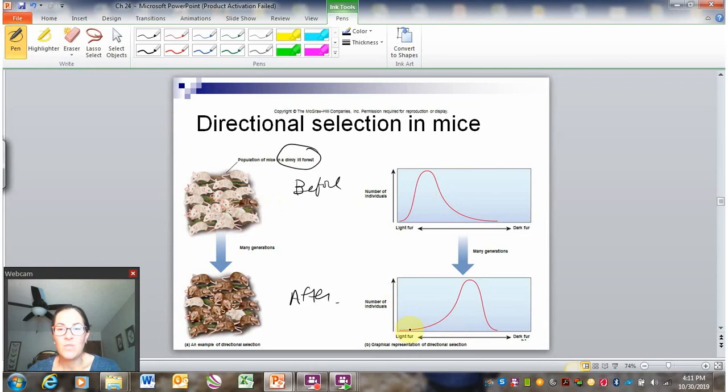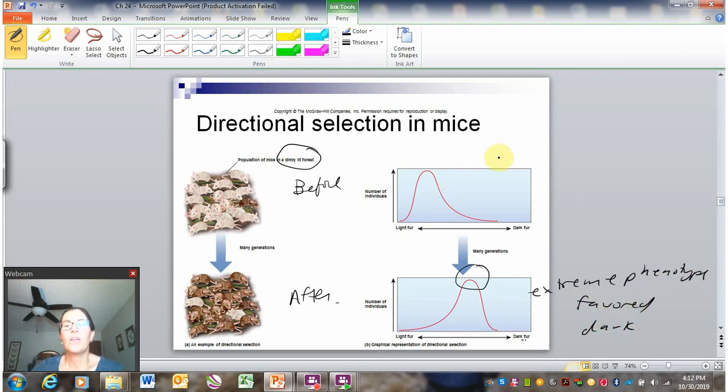And so over time, we see a shift towards mostly dark-furred. Okay, so the extreme phenotype is favored here, and in this case, it's dark. So in this example, we went from having mostly light to mostly dark.